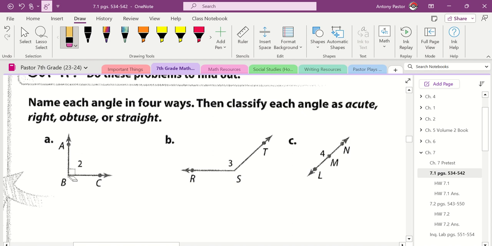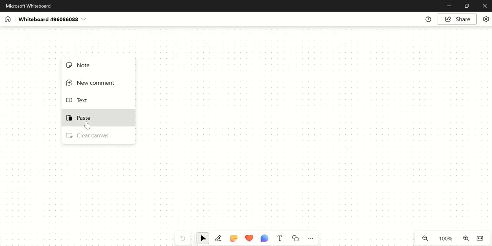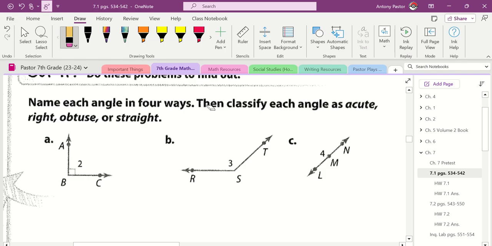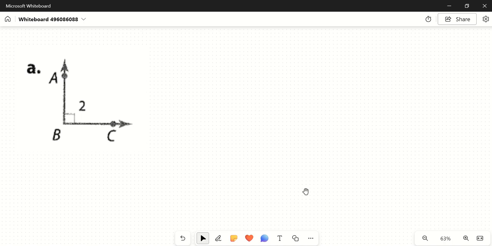There's the question. Question A gives you this angle. You're going to draw out the angle, and then you're going to answer the questions that follow. This asks us to name each angle in 4 ways, and then classify each angle as acute, right, obtuse, or straight. Okay? So on your homework paper, you should be drawing out the angle.